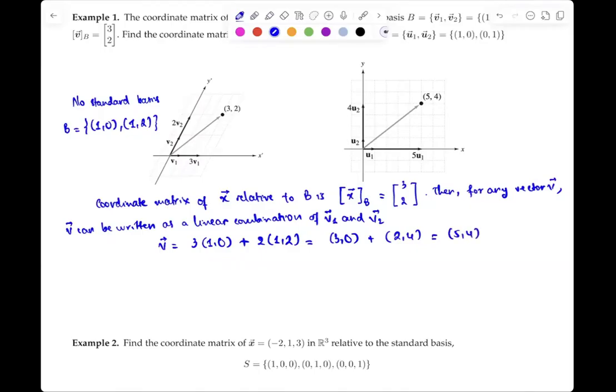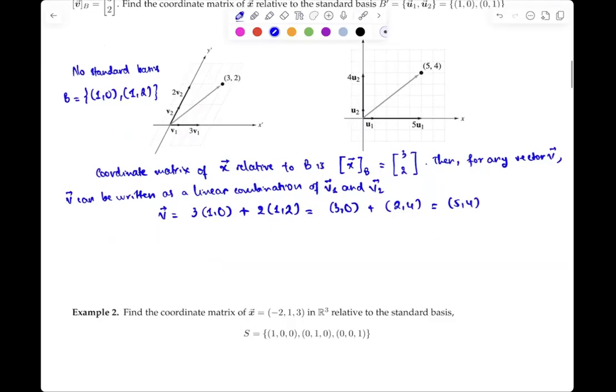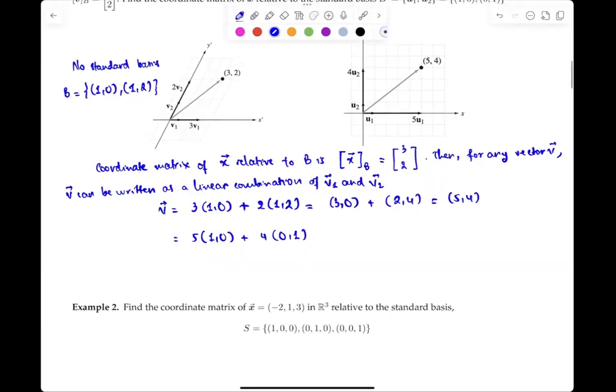Okay. Now, from this point of view, 5, comma 4 can be written as a linear combination of the standard basis. That is, 5, comma 4 can be written as 5 times 1, comma 0 plus 4 times 0, comma 1. All right. And from here, you can obtain the coordinate matrix relative to a new basis, that is B prime.